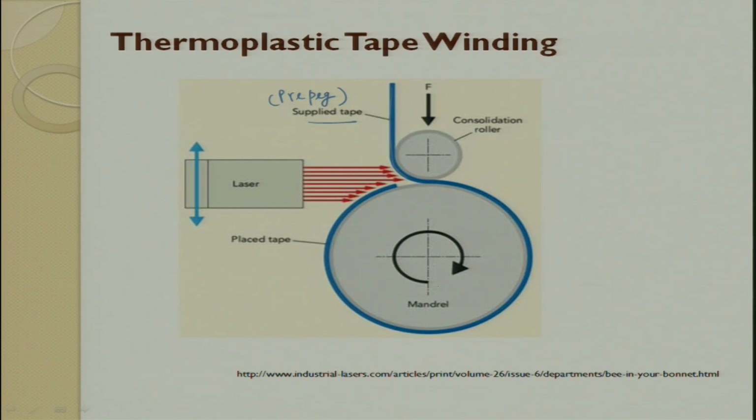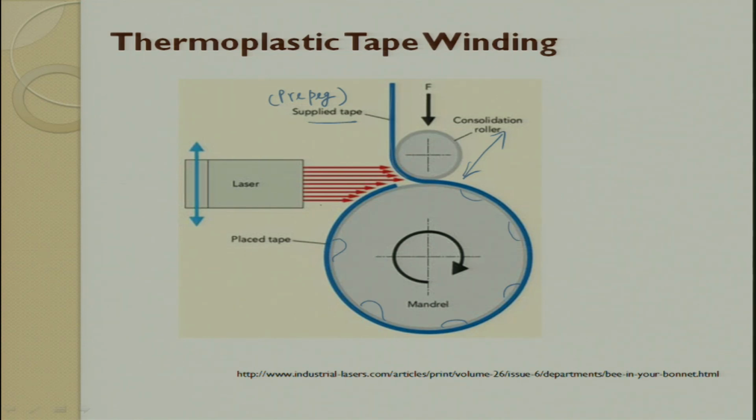This is the mandrel which I am talking about. The mandrel can be cylindrical, or you can also have some grooves, and still you can get the required output, but you have to play a little safer. The placed tape keeps going, and if it is a small roller, you keep moving it in this direction so that you get the required output.